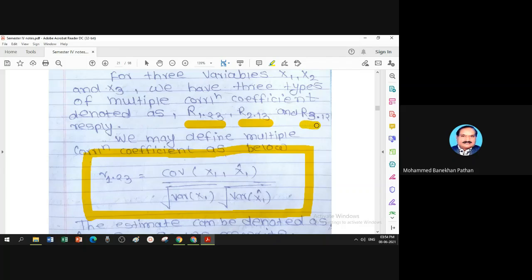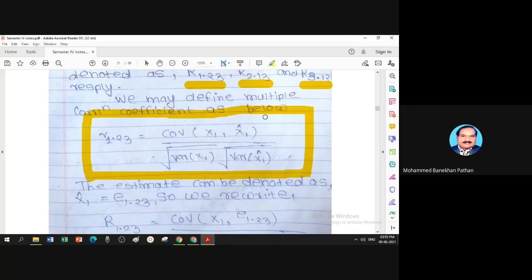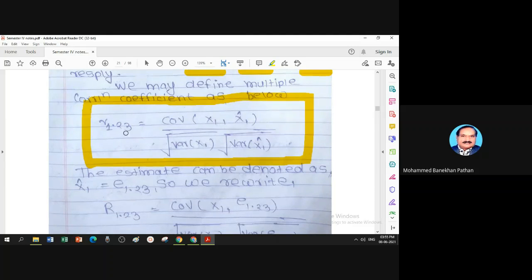I can define R3.12. Here my dependent variable is x3. The dot is a symbol to divide the set of variables. Before the dot, under multiple correlation, is the dependent variable. After the dot is the set of variables which are independent variables. So this is your definition.